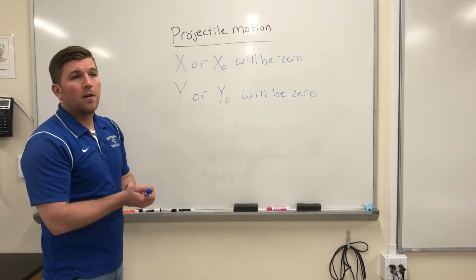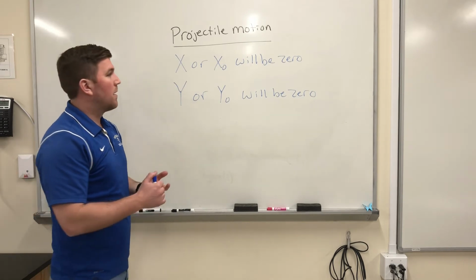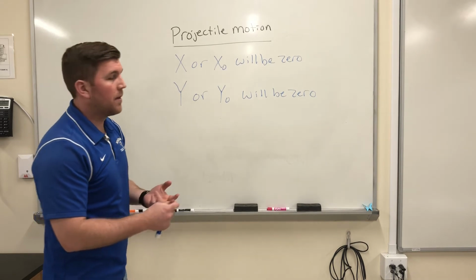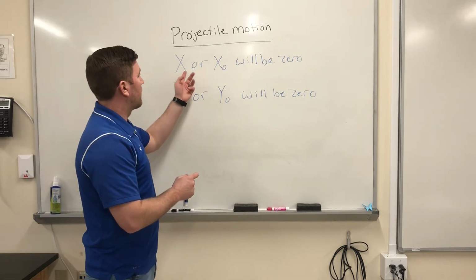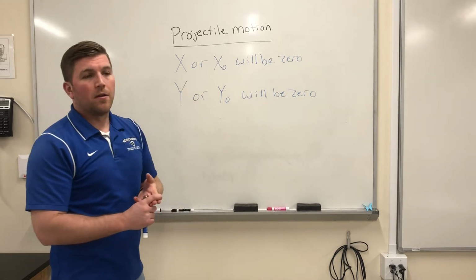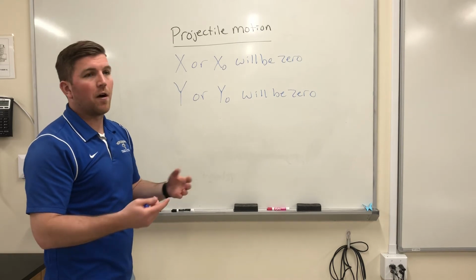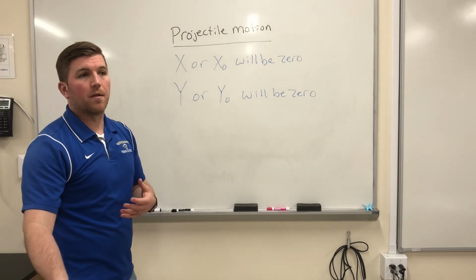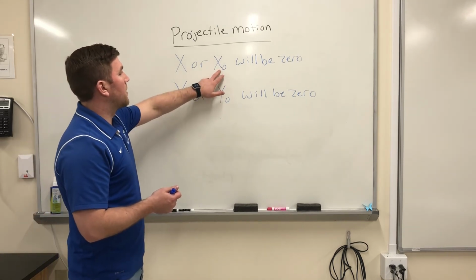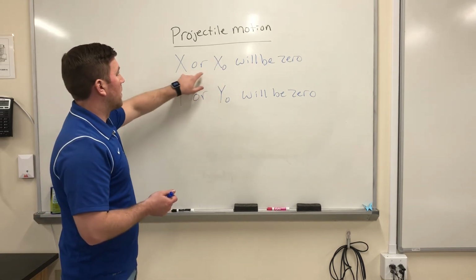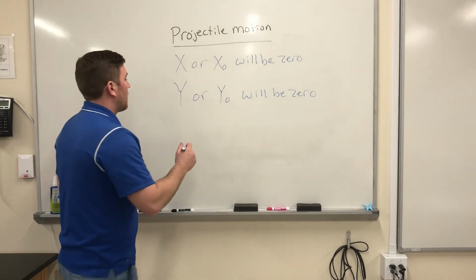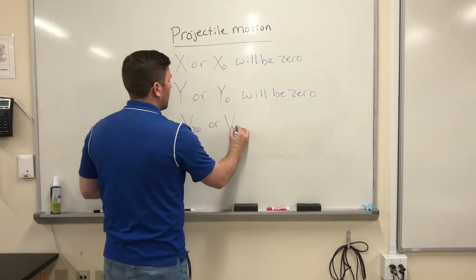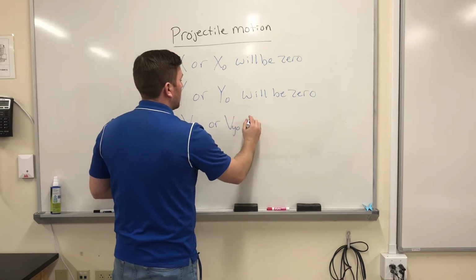Key words are started from the ground, ended up at the bottom. If I'm talking horizontally, they could say things like, how far did something go? How far away do I have to put something? Those would all be good indications that one of these or more are 0. You'll also find that frequently VXO or VYO will be 0.